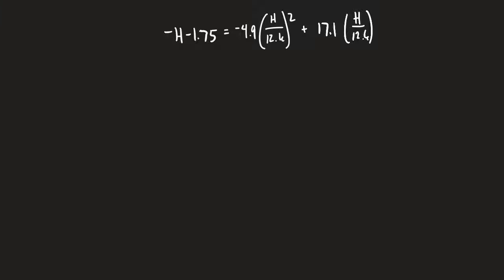So if you would please, 4.9 divided by 12.6 squared. It's going to be small, or you can multiply through everything by 12.6, but you don't really gain much of an advantage. So what is negative 4.9 divided by 12.6 squared?